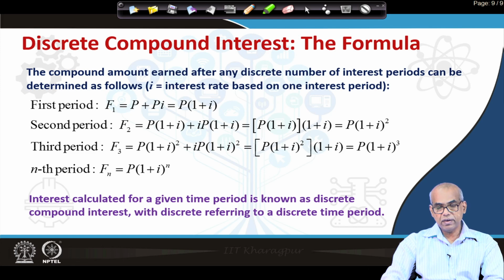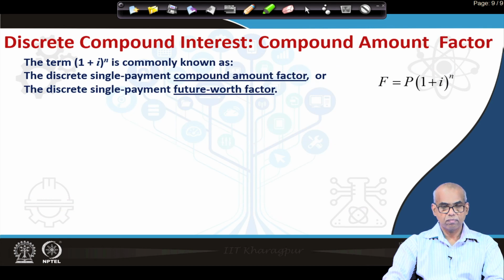Interest calculated for a given time period is known as discrete compound interest, with discrete referring to a discrete time period. The time period is discrete. So, what we saw is the future value can be computed as F equal to P into 1 plus I to the power n.